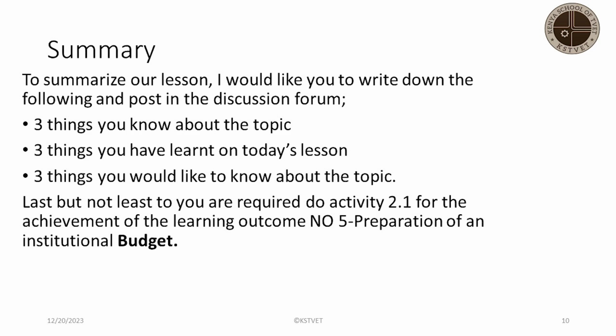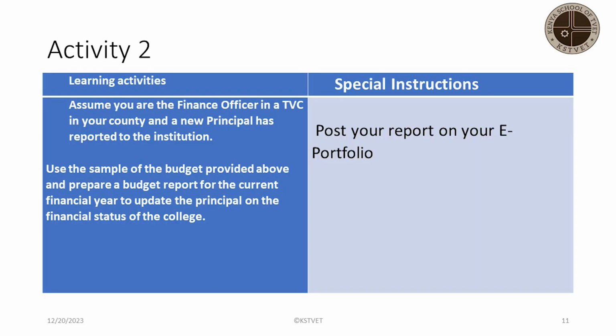Last but not least, you are required to do an activity for the achievement of the learning outcome number 5, where you are to prepare an institutional budget. Assume you are the finance officer in a TVC in your county, and a new principal has reported to the institution.